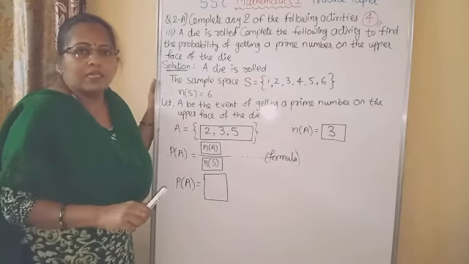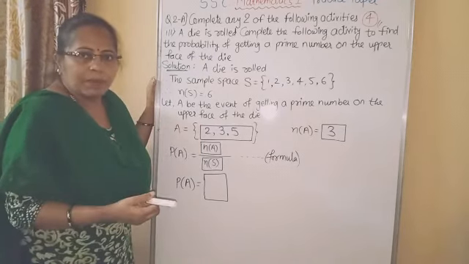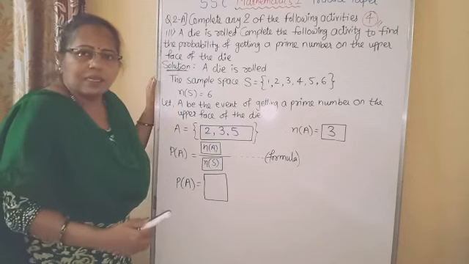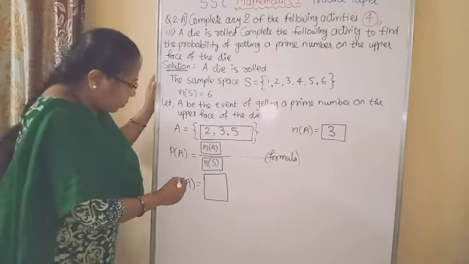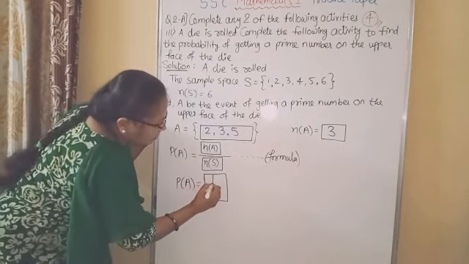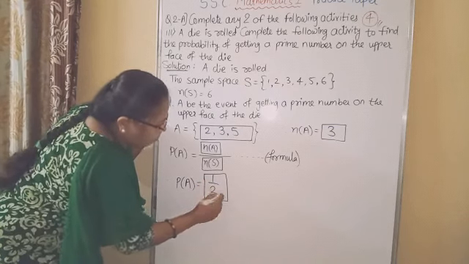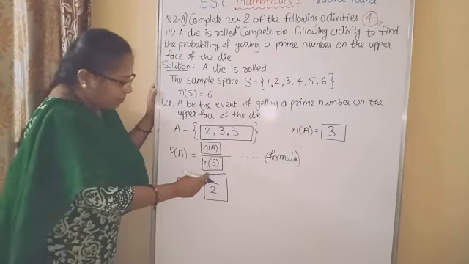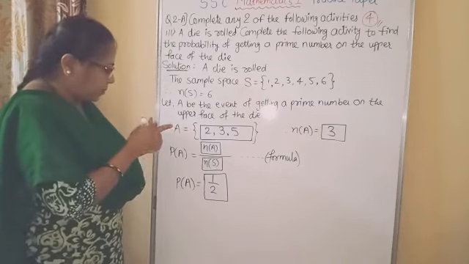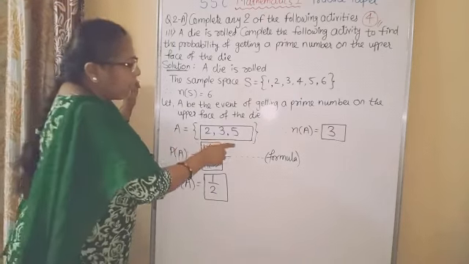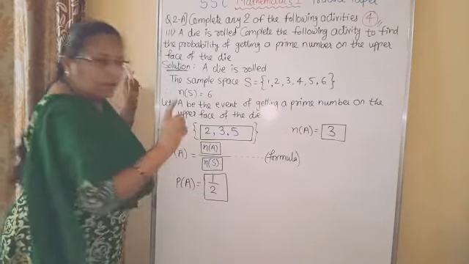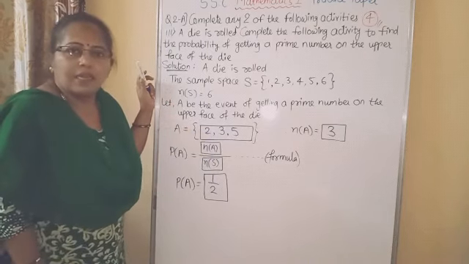So 3 upon 6. So it is simplified. 3 1s are 3, 3 2s are 6. So the probability of event A is 1 upon 2. Write the simplest form. 1 upon 2. So here we have completed the activity half, half, half, half. Like this 2 marks are given.